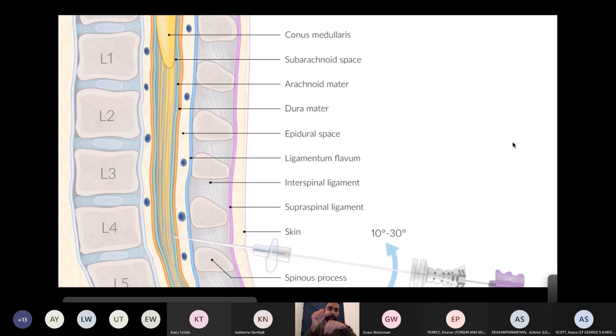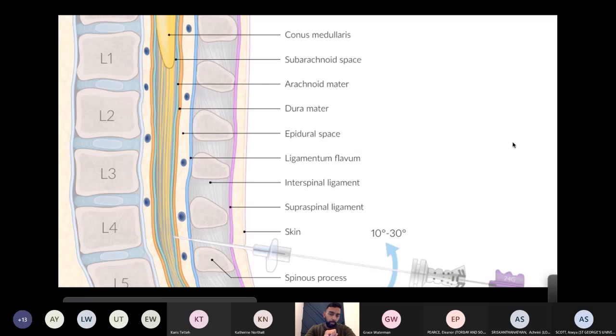When you feel that gap, you can be between L3 and L4, or between L4 and L5. The reason you want to be there is that there's no spinal cord present. You get these tails of the spinal cord, but not the actual cord itself. When the needle goes through, it typically just pushes some of these tails apart. It won't puncture the spinal cord, so that's the safe space to enter.